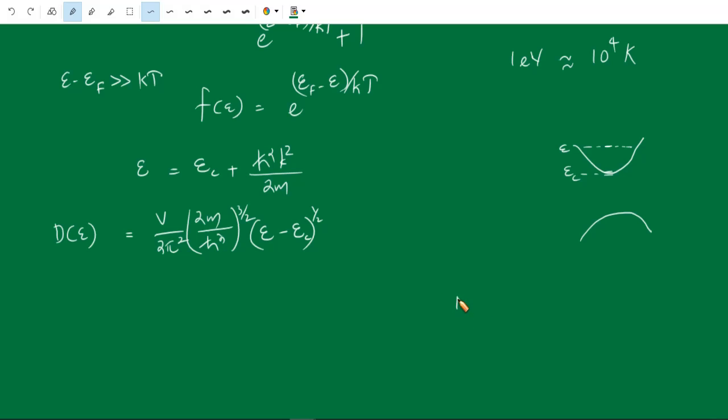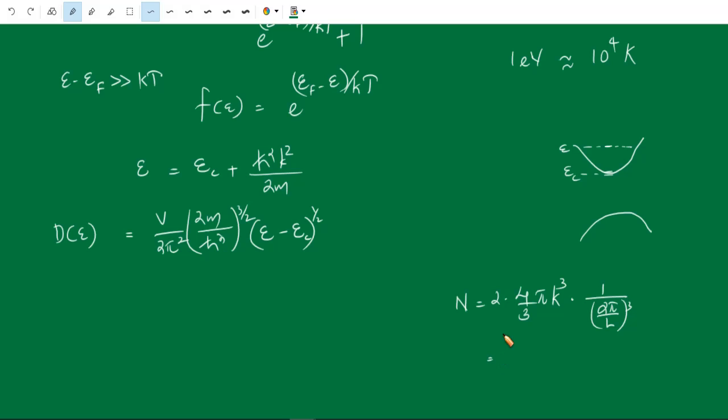The total number of electron orbitals is given by 2 into 4 by 3 pi k cube. So this is the volume of k space with radius k, and this total volume is multiplied by the number of orbitals per unit range of k, which is 1 divided by (2 pi divided by L) whole cube.